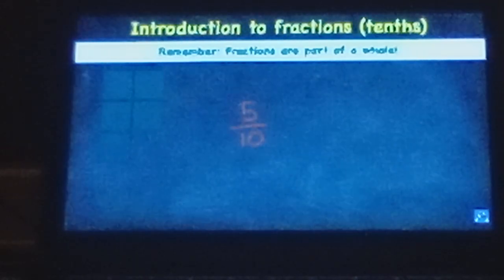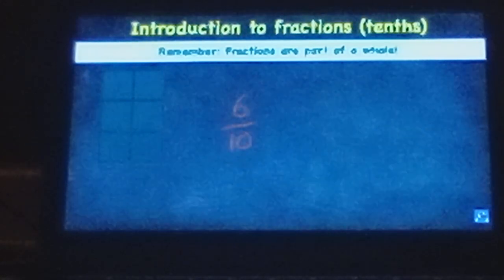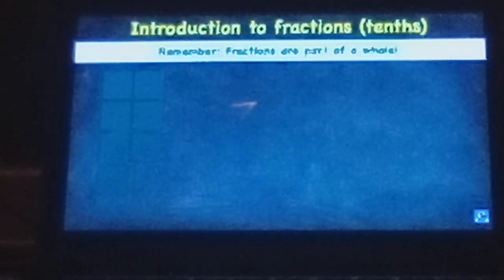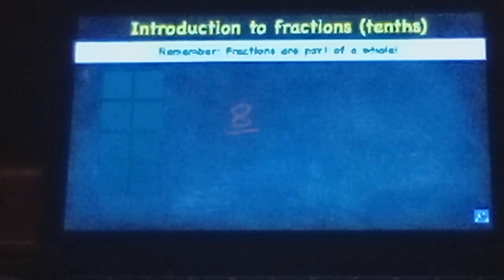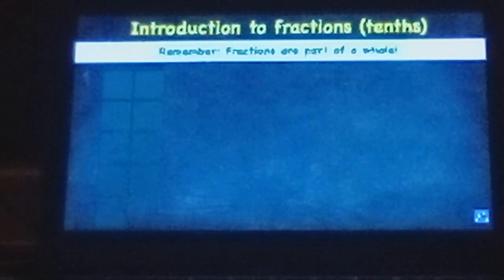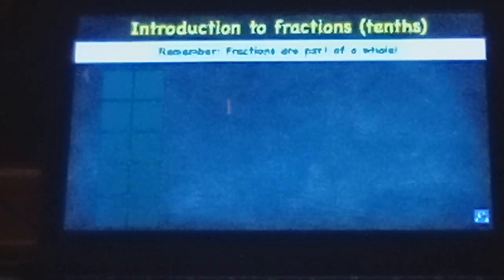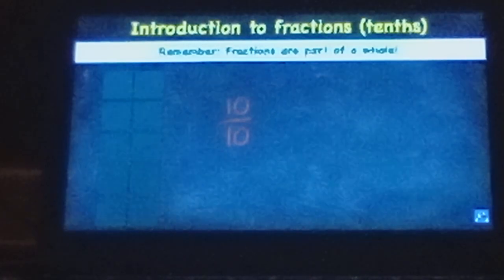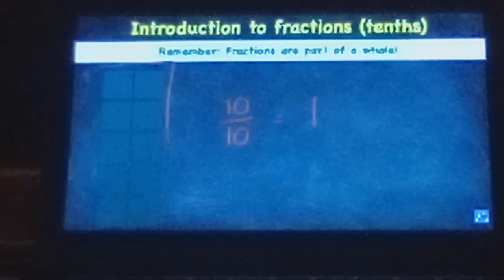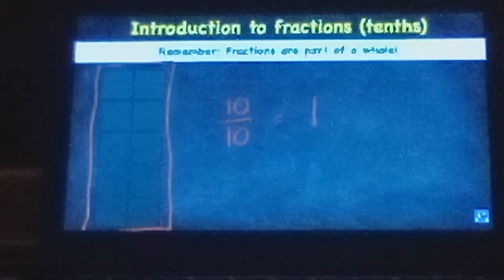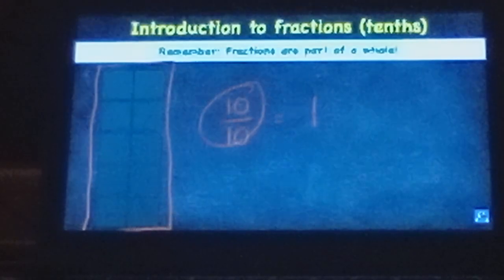We can see we're counting up in tenths. 6/10, 7/10, 8/10, 9/10, and then finally 10/10, or in other words, 1. Because 10/10 makes back up our original 1 chocolate bar. So 10/10 is equivalent to the same as saying 1.